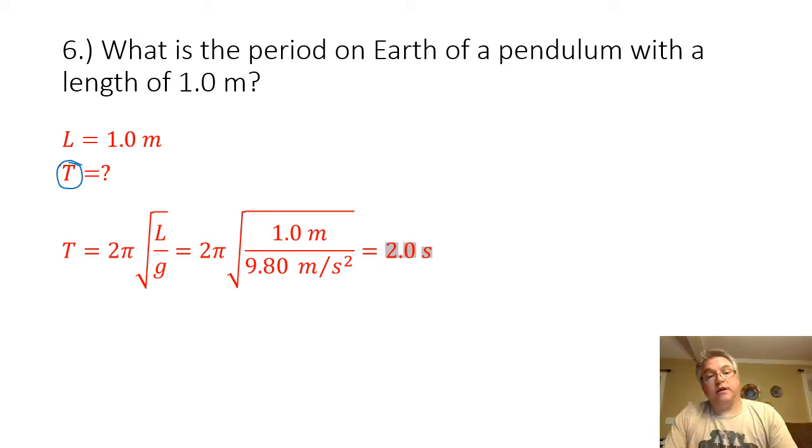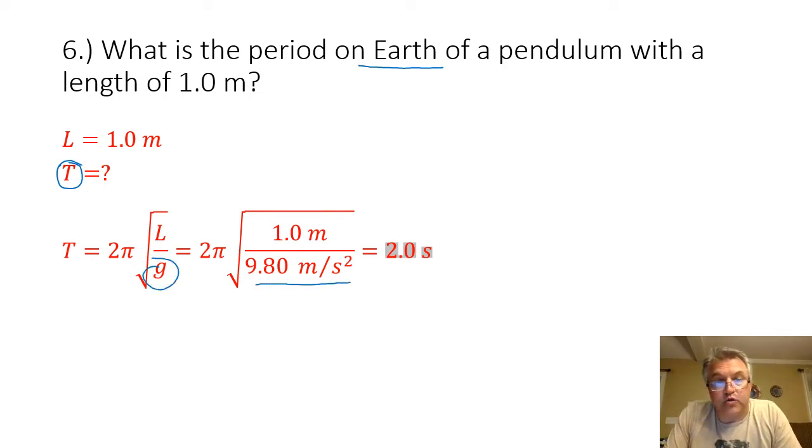And because I know that we are on the Earth, my value for g is going to be 9.8 meters per second squared. So I plug that along with the length into my equation, and I am going to get a period of 2.0 seconds.